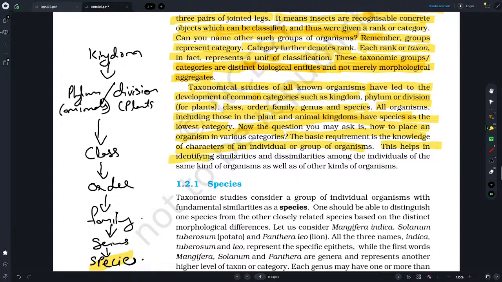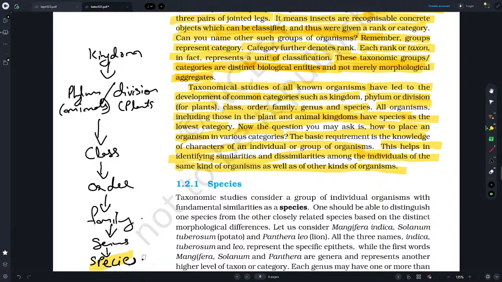This helps in identifying similarities and dissimilarities among the individuals with the same kind of organism as well as the other kind of organism. As I said before, taxonomy depends on the identification of the characteristics and the similarities. That is how you group all the living organisms under a taxon or a category.